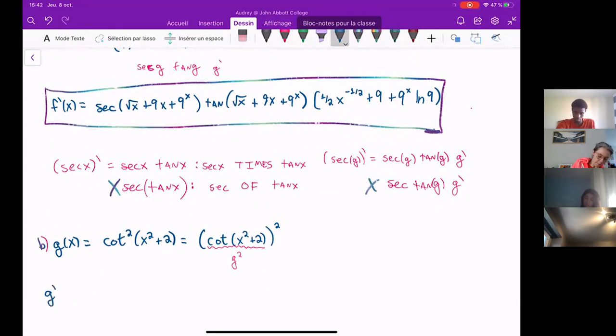So when I do g prime of x, the first chain rule that I'm going to apply, I'm going to bring the 2 down. I'm not going to touch what's inside. I subtract 1. So my new power is a 1. And then I pull out the inside function as a derivative.